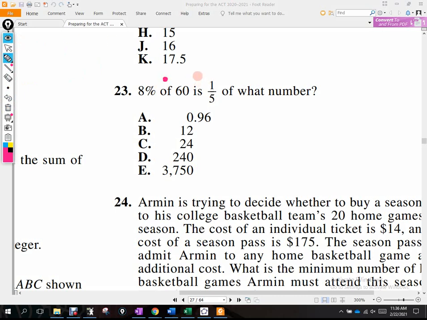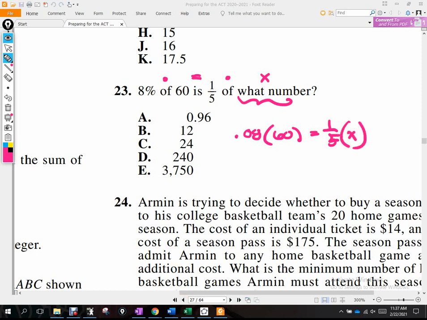What does "is" mean? Does "is" mean equals? 1/5 of, multiplication. Now it says what number? I don't know what number, so what should I let that be? X. So this is 8% of 60 is 1/5 of X. Could I do that?